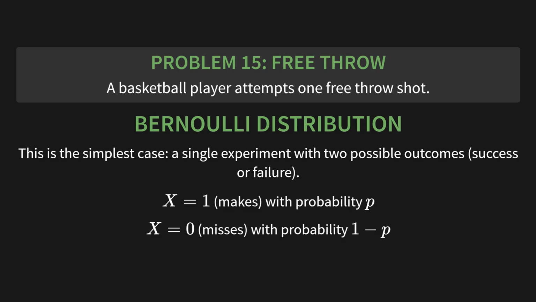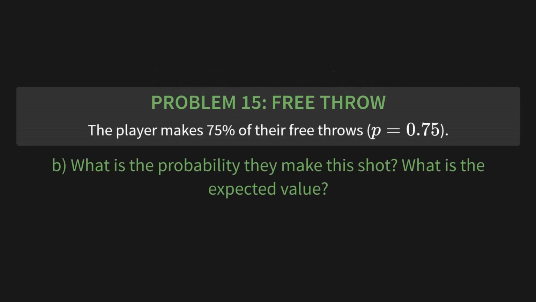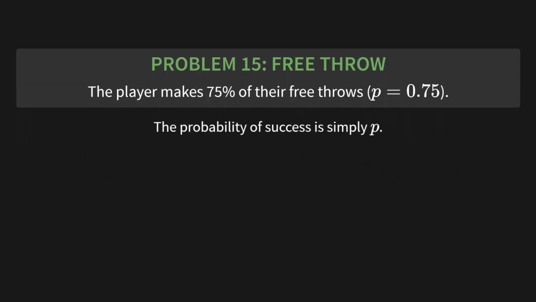Part B. This player makes 75% of their free throws, so p equals 0.75. The question is, what's the probability they make this shot? And what's the expected value? This is almost a trick question because it's so straightforward.